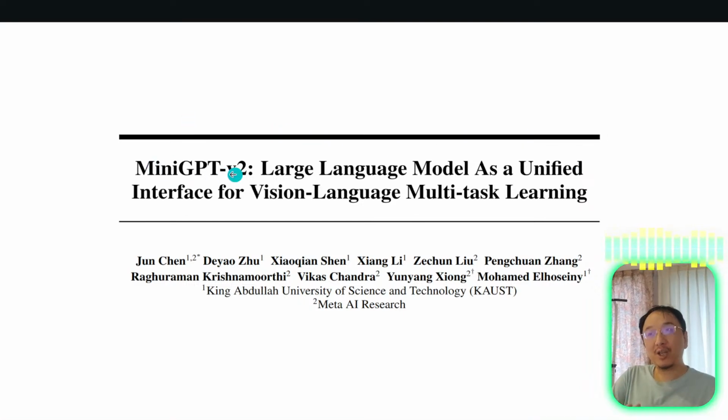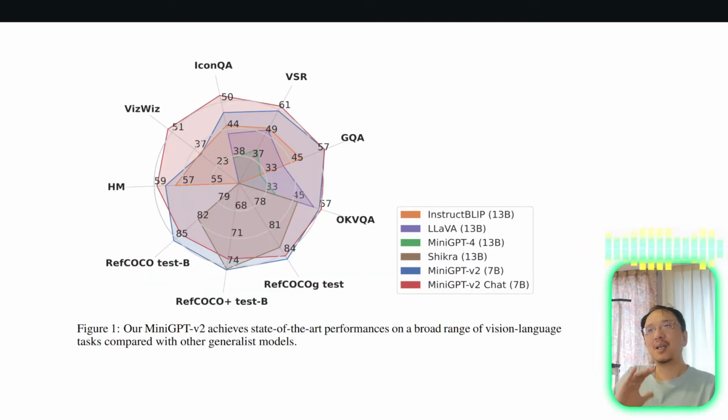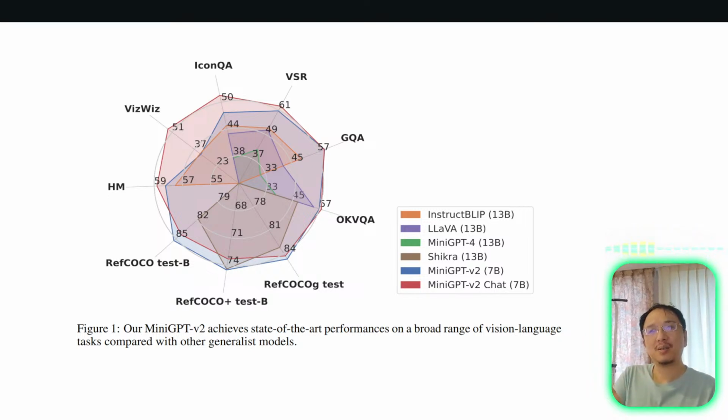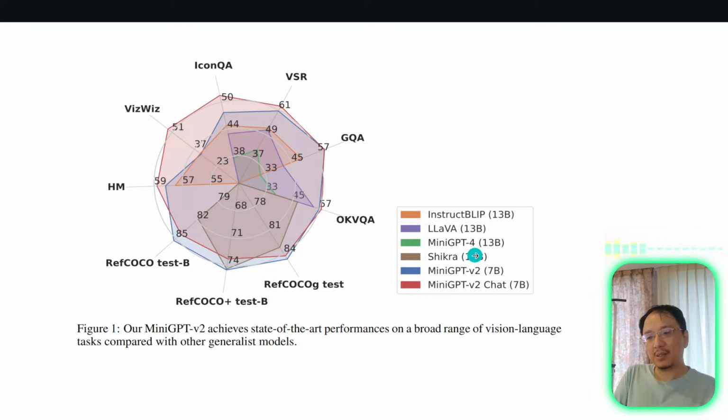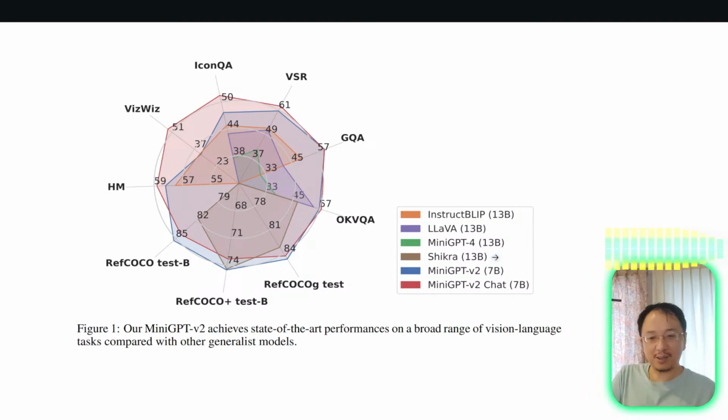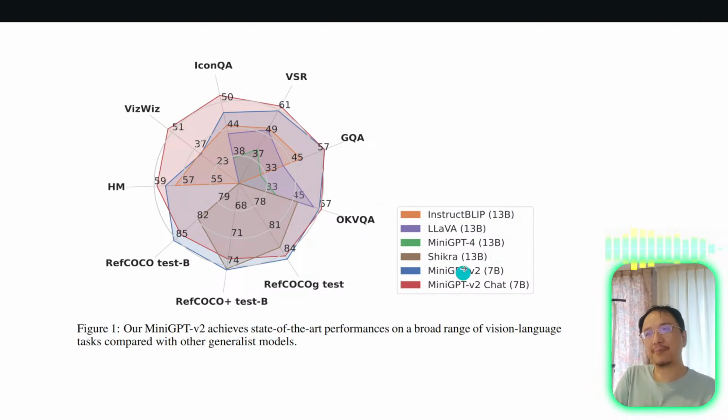MiniGPT-v2 is a successor of MiniGPT-4. It claimed to have better performance than LLaVA or InstructBLIP, and I don't know this model, Shikra, but apparently this is another multimodal model that was considered to be very capable at the time.